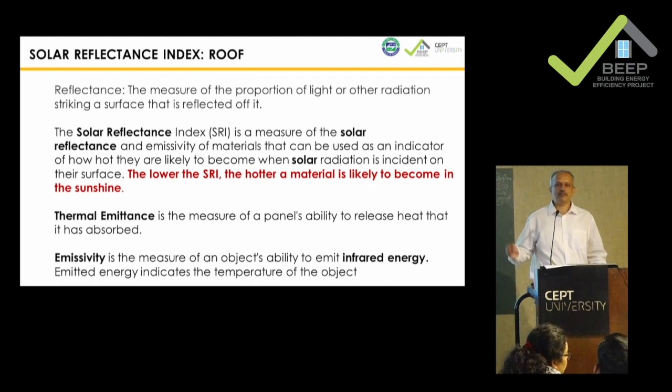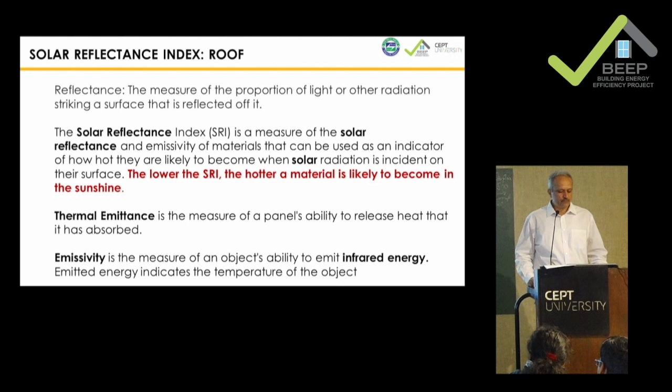What will happen is that if you have high reflectance and high emittance, the radiation which is falling on the roof will not increase the surface temperature of the roof, and hence through the conduction, if my surface temperature goes up, heat will start transferring inside. That will not take place, hence my surface temperature will remain low, and hence my conduction would be low, right?